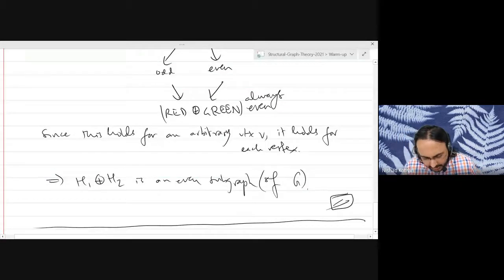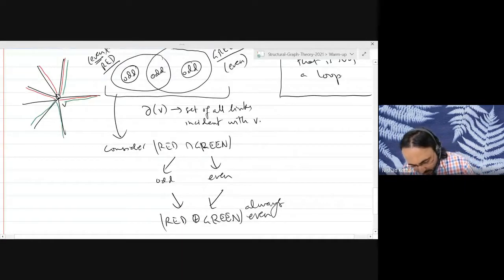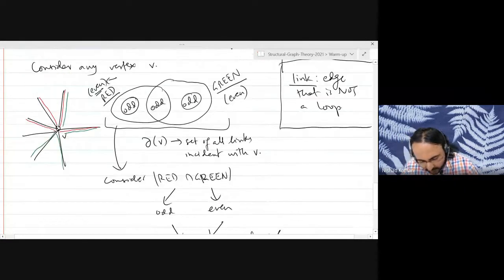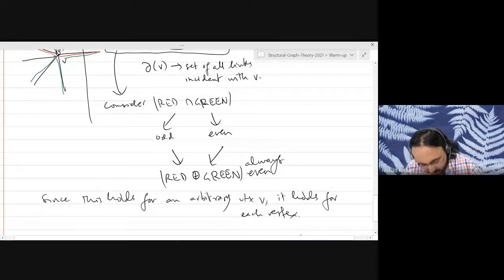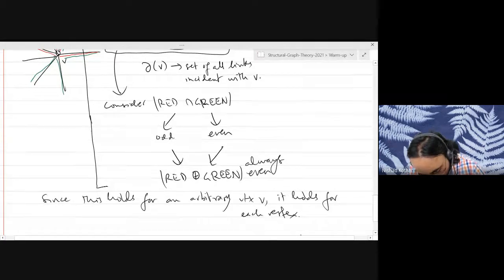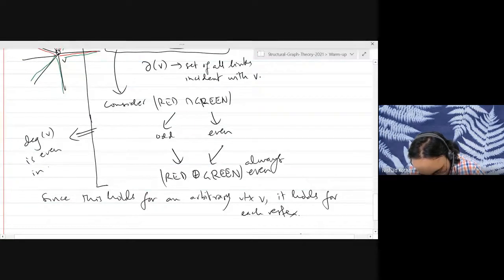Maybe I should add one more line here. All of this argument here is for the vertex V, right? And this implies that the degree of V is even in H1 symmetric difference H2, red symmetric difference green.